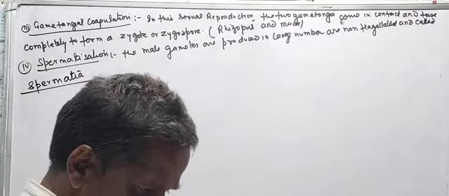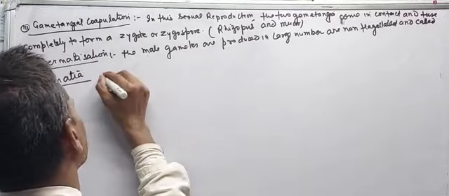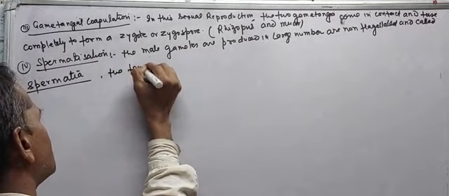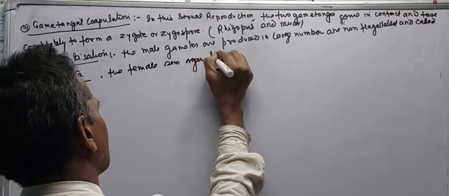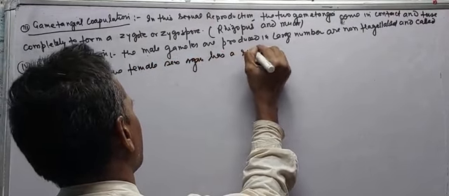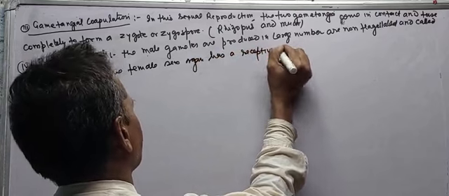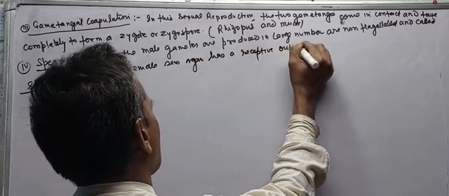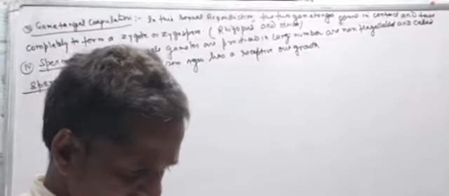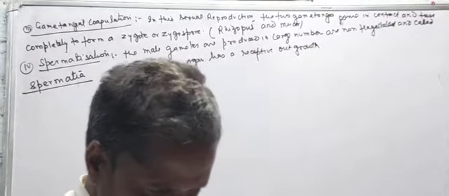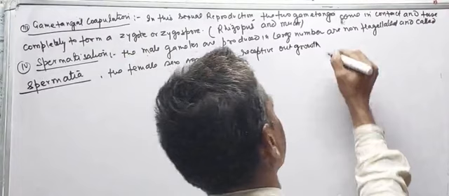The female sex organ has a receptive outgrowth called trichogyne.